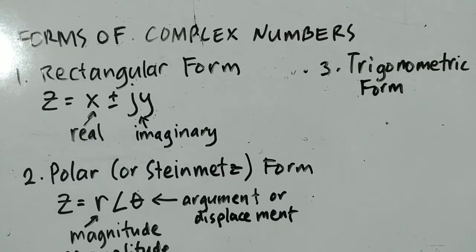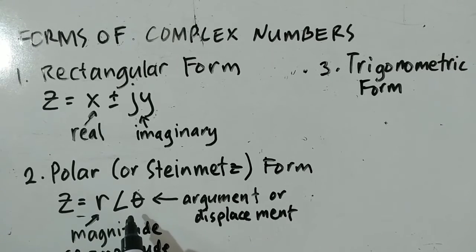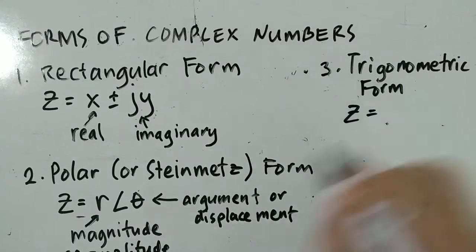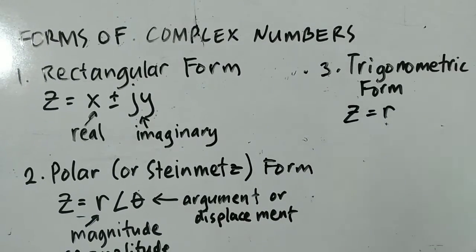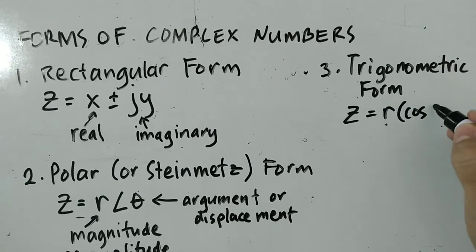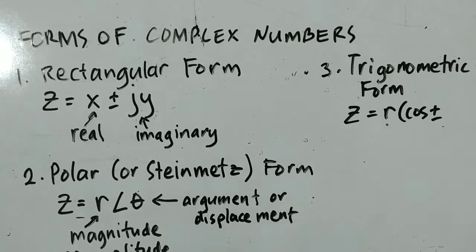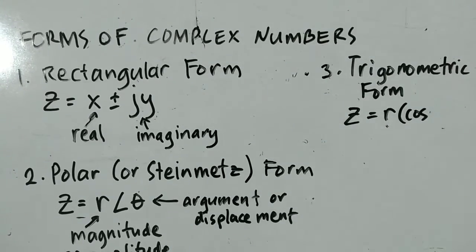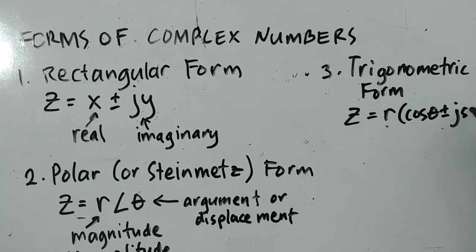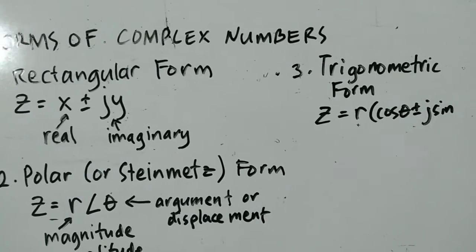The polar form translates directly to the trigonometric form. You simply take the r or the magnitude, and then you write cosine theta plus or minus j sine of theta.